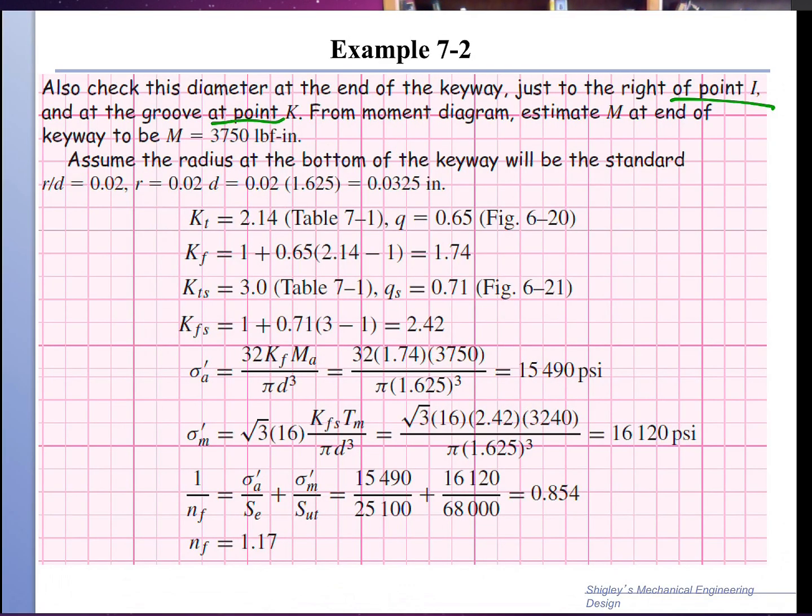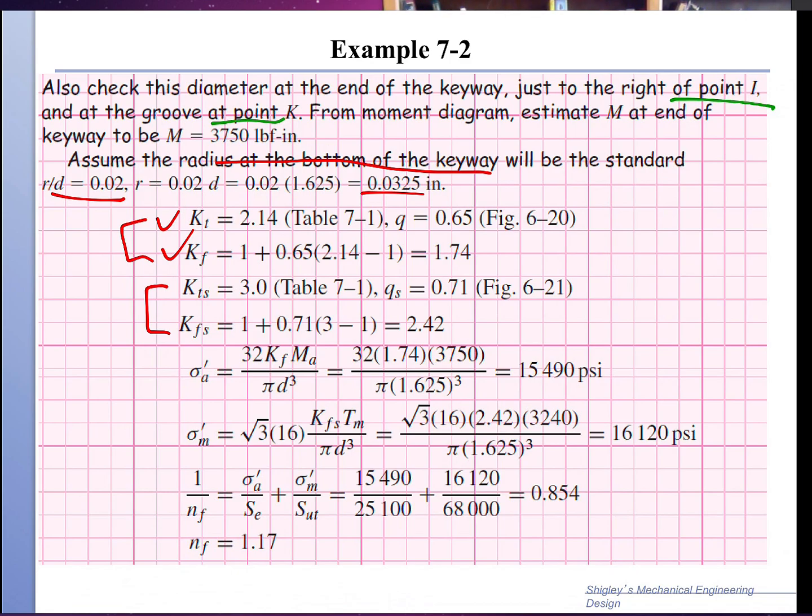So we're going to go through the same procedure, assuming that a standard radius of the fillet at the root of the keyway is 2%, and that gives us a small value for D. And then we go back to find again the static and then convert it to the corresponding fatigue stress concentration factors, both in tension and in shear.